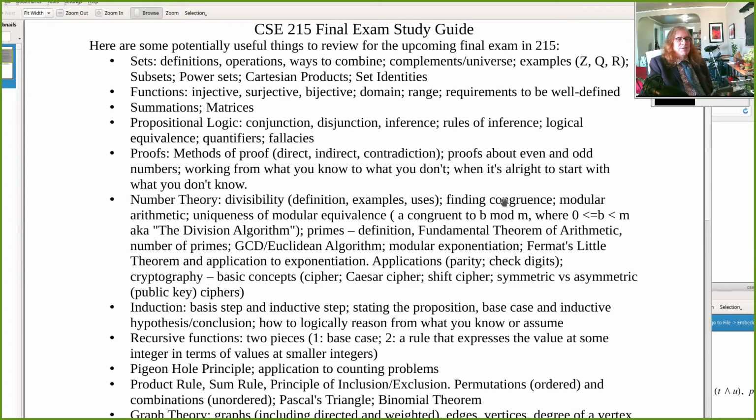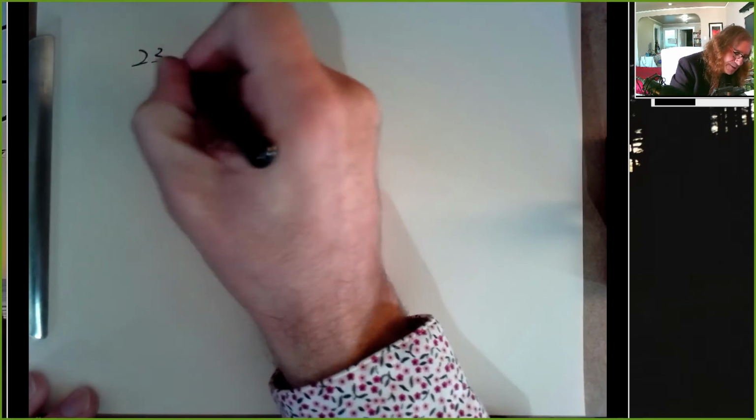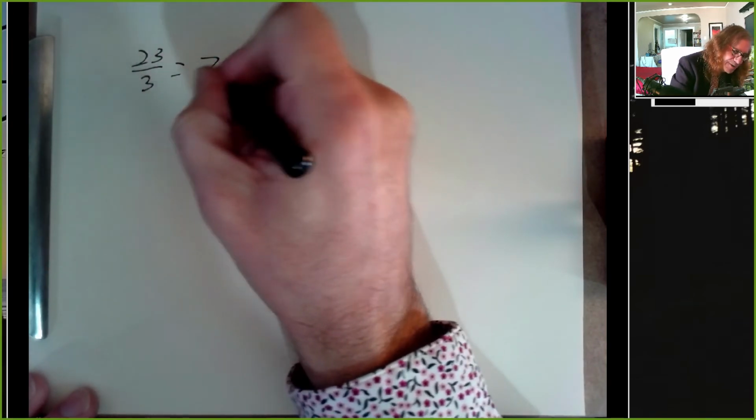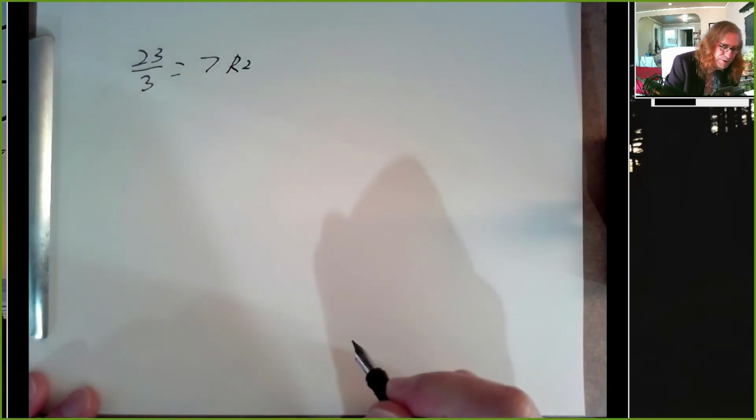Finding congruence. Congruence is basically just looking at remainders, right? We have two numbers. We take one and divide it by the other. We can ask what's left over after we do that integer division. Whatever's left over, that's what the first number is congruent to modulo the second. So I always pick on 23 and 3. 23 divided by 3 equals 7 with a remainder of 2.